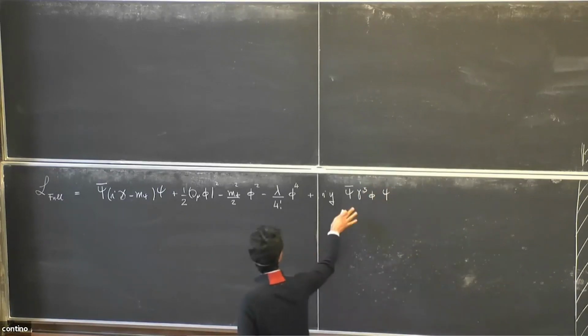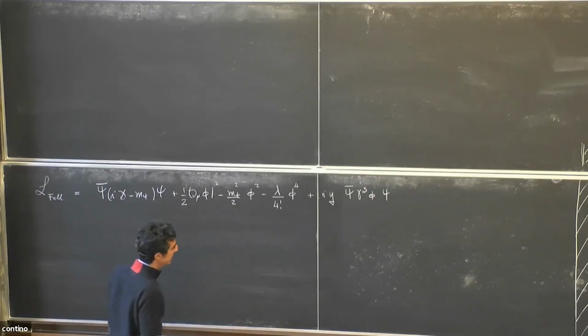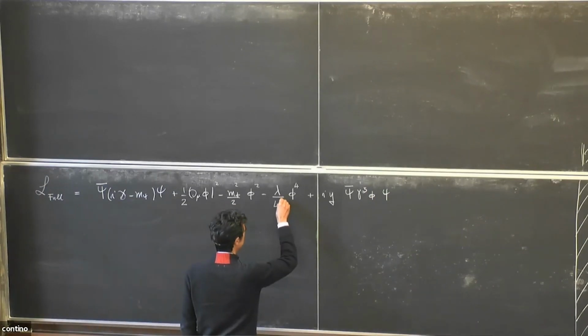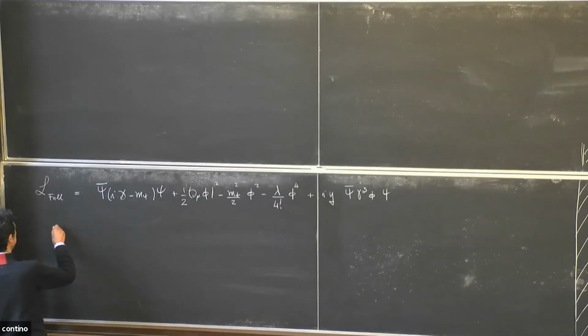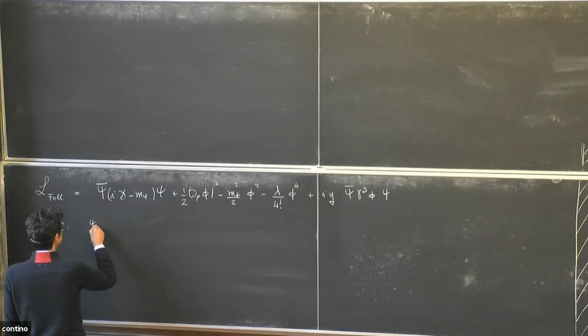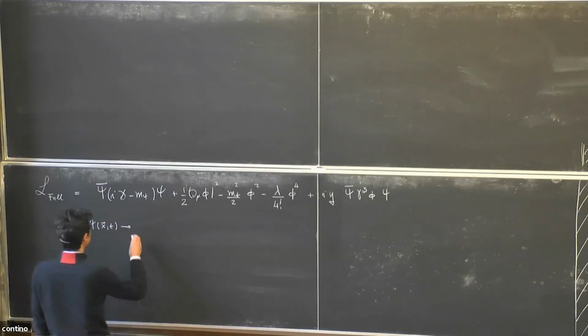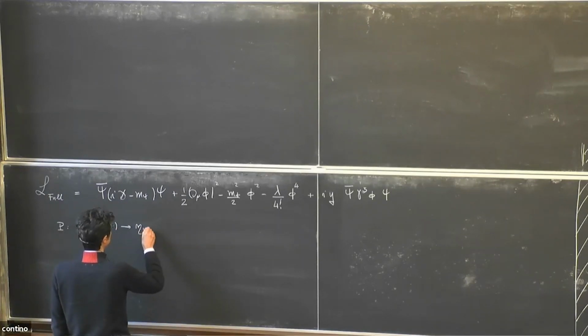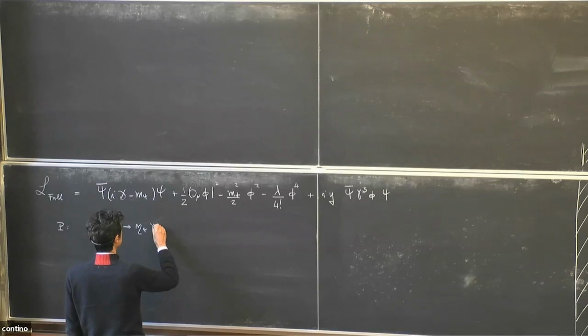Now, in writing these interactions, I'm assuming that the theory is invariant under a parity transformation, which I can call P, under which psi goes into some intrinsic parity, which I don't need to specify, in fact, because it's irrelevant for this discussion.